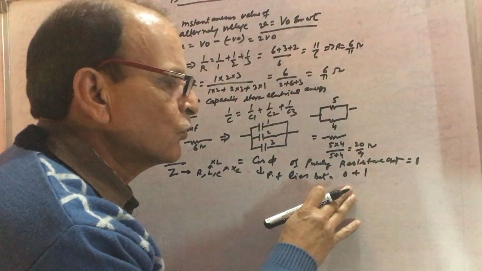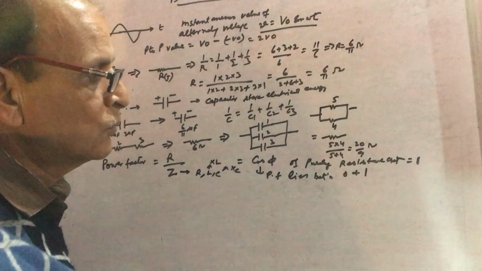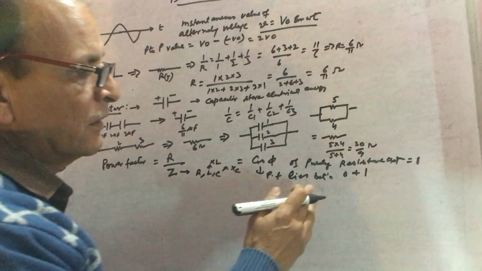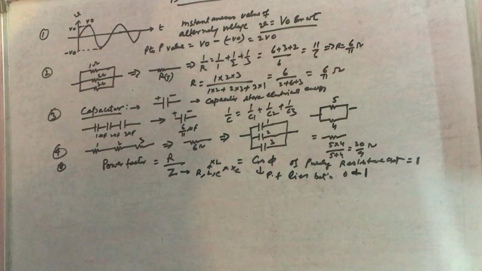Those electrical equipment, instruments or any transformer whose power factor lies very near to 1 will be good. Their losses will be less. Okay, we will discuss it later.